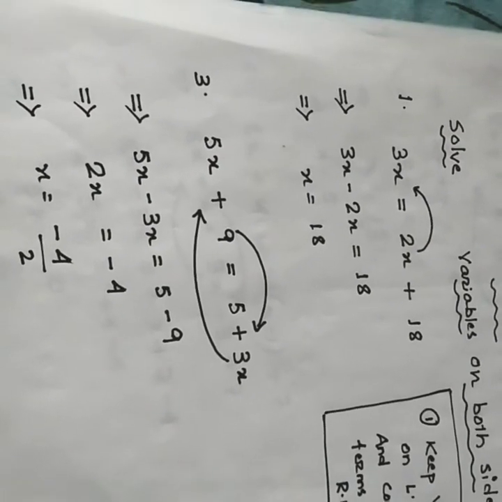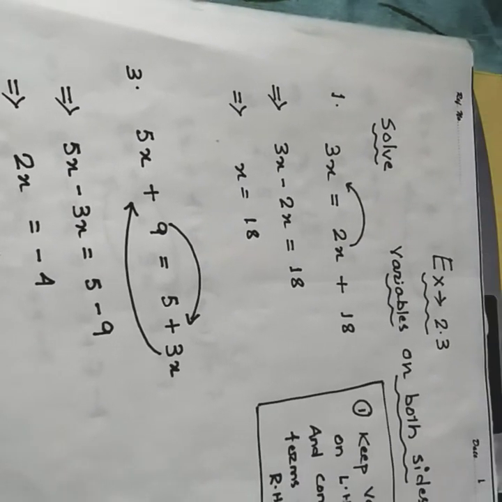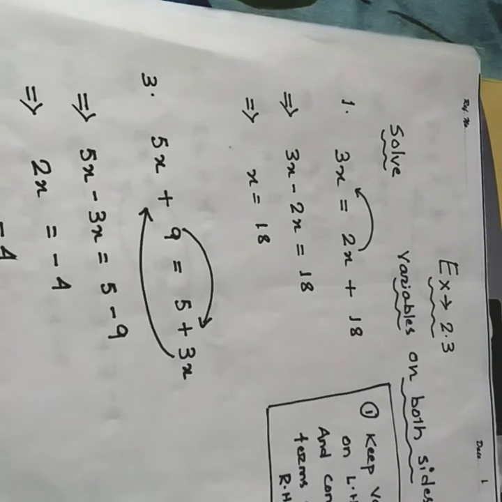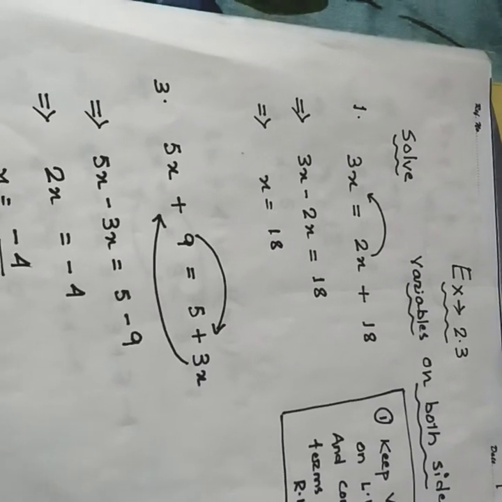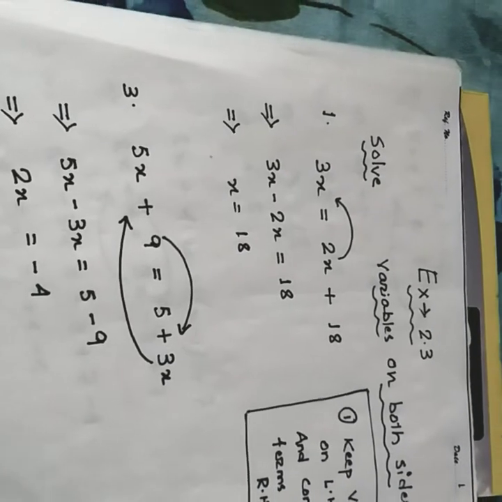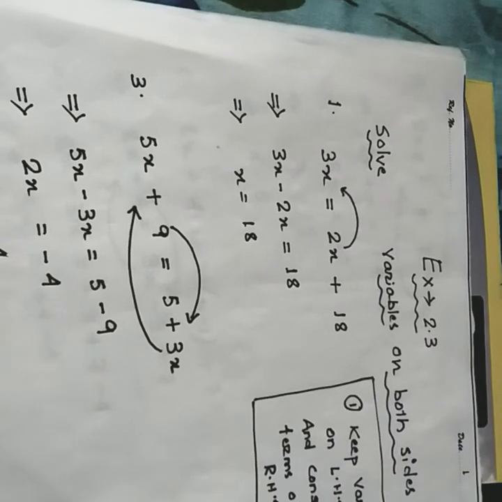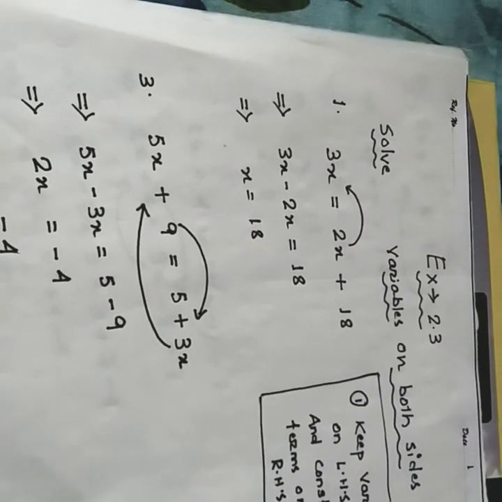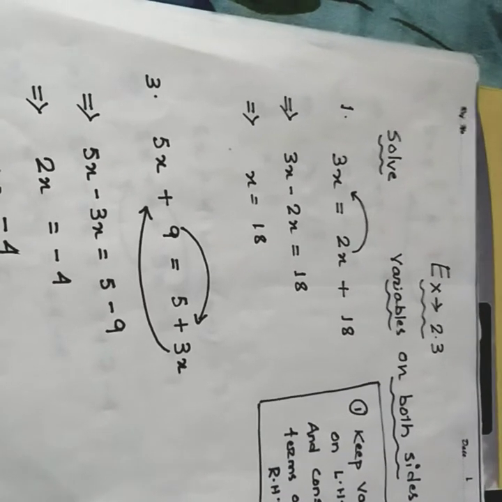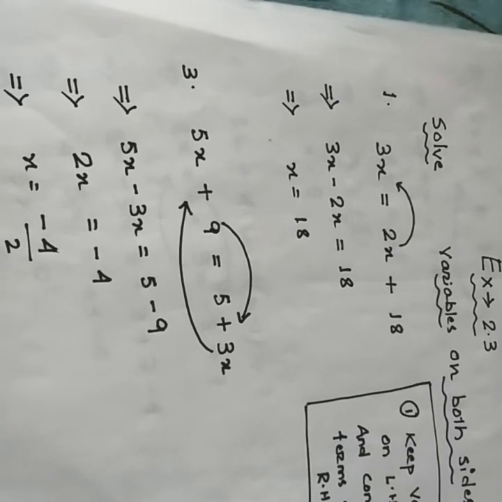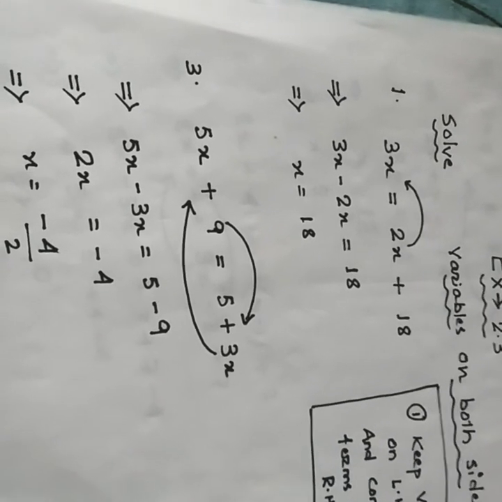The next video regarding this exercise will be the explanation of sums 7, 8, 9 and 10. Again I'm repeating, your homework for today is from question number 1 to 6, and out of these 6 questions I have already explained 4 in this video.